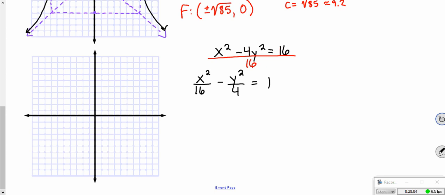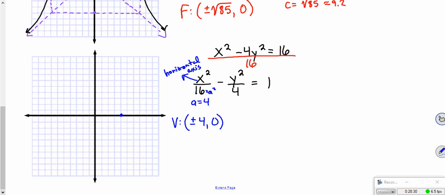Now, once again, because my x is in the front, this is going to be another horizontal transverse axis. So this is a squared, so that means a is 4. So that means my vertices are plus or minus 4, 0.